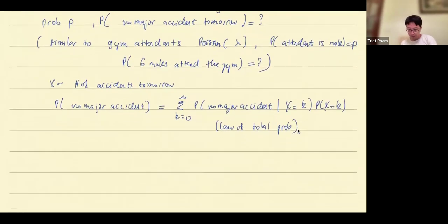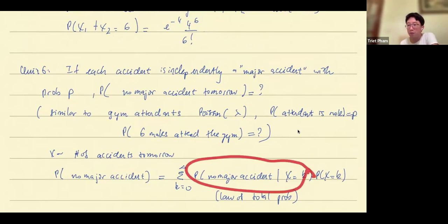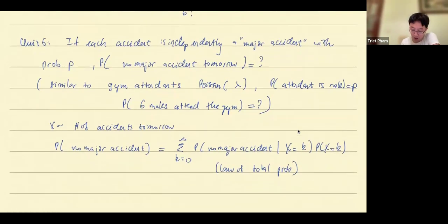And now, when you know that there are so many accidents per day, then each accident is independently a major accident with probability P.